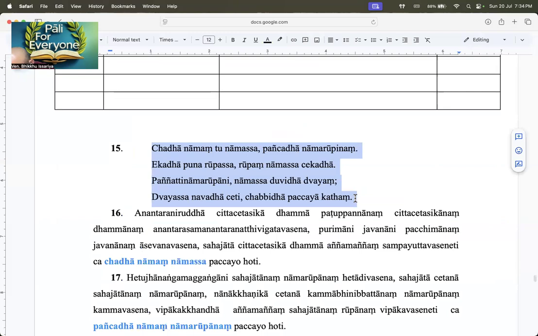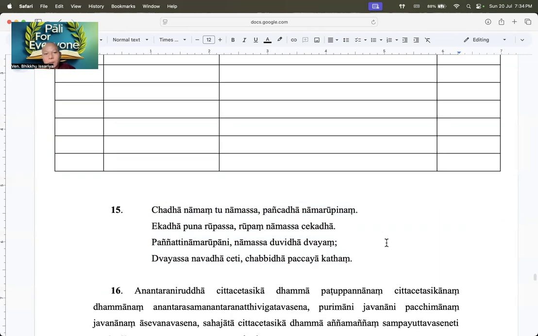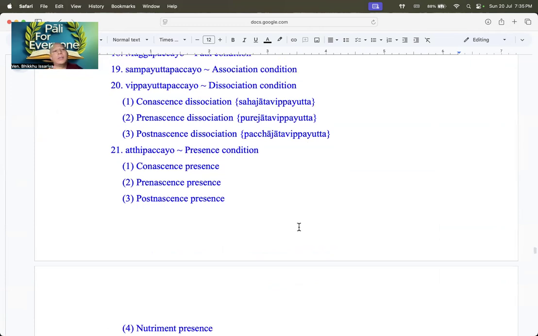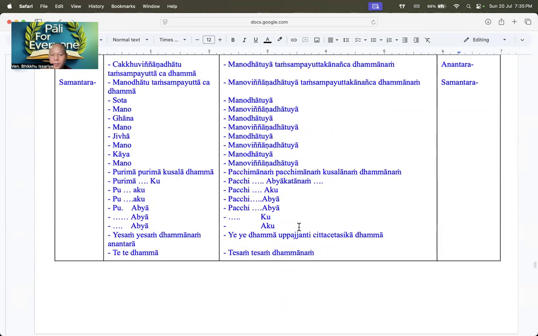Okay, now this stanza is a summary of those 24 conditions. But this one is just names, not the ultimate realities. Presently the interpretation is not included, so we cannot understand. But after learning this chart, that will help us to understand.